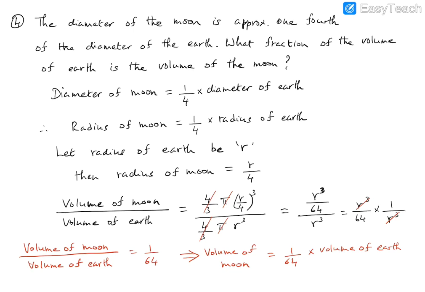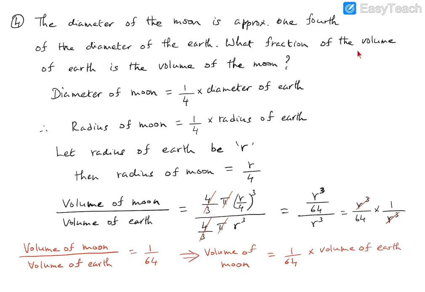So what we notice here is that the volume of moon is 1 over 64 times the volume of earth. In other words, the volume of the moon is the volume of earth divided by 64. That means the volume of the moon is 64 times smaller than the volume of the earth.